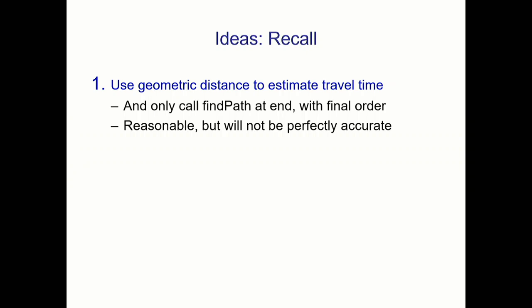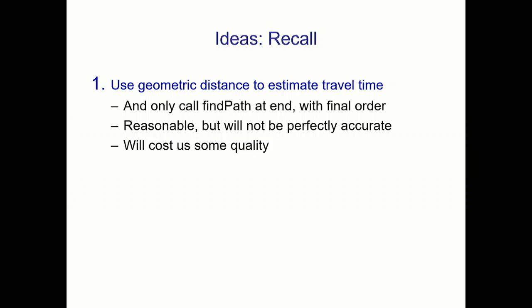This is a reasonable solution, but it's probably not going to be very accurate, because when we discussed A star, we saw that sometimes relying on the geometric distance might not be the best thing to do, and you have to actually look at the travel time. Remember when there was a blockage around the highway 401, and we needed to go around it.